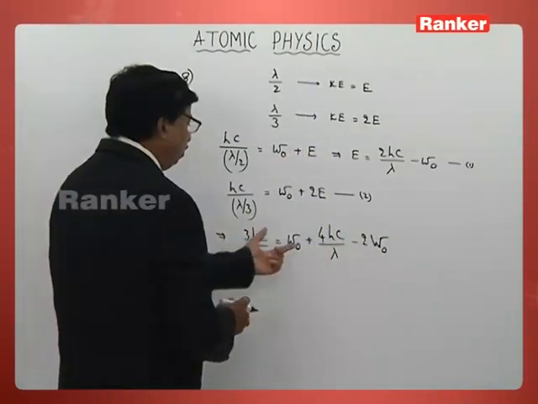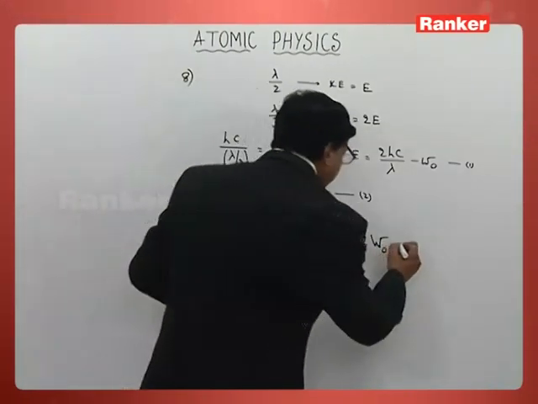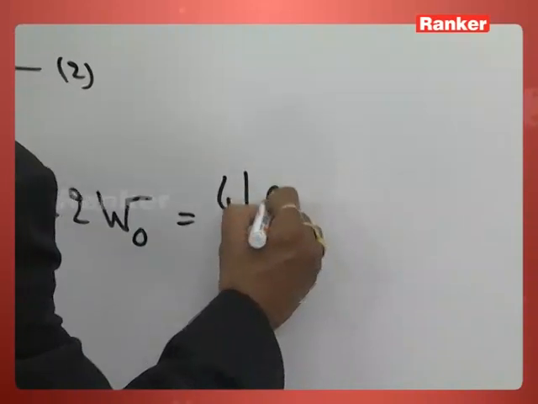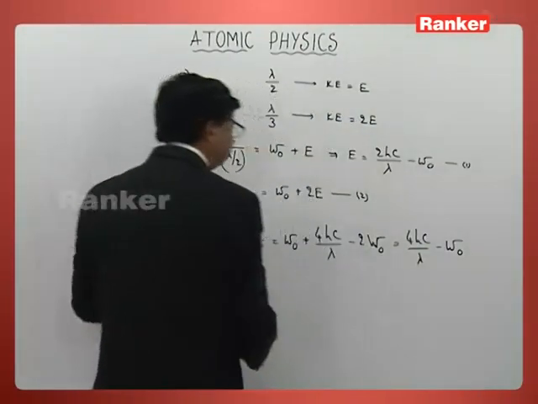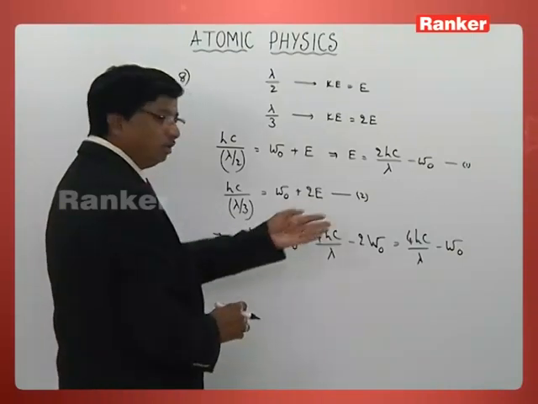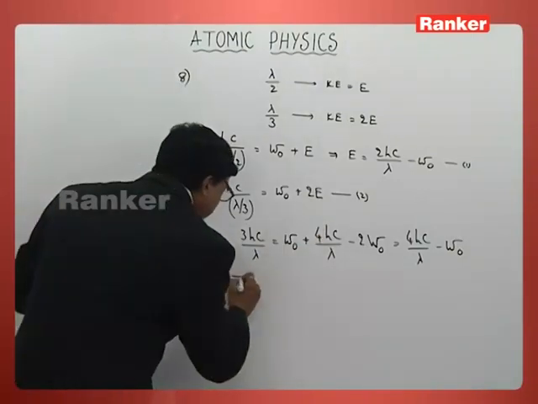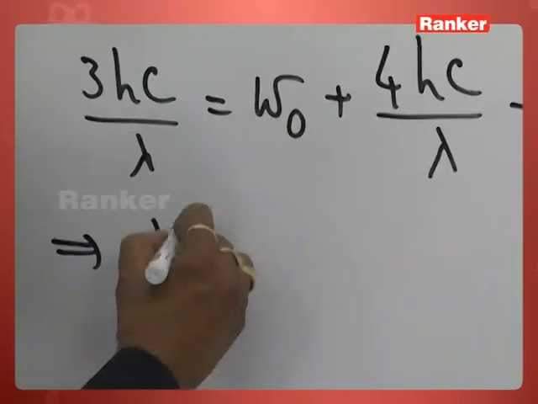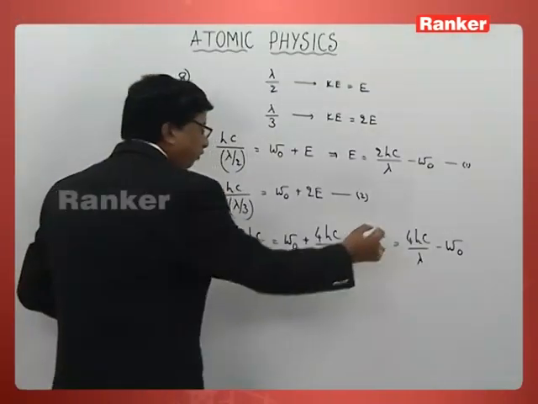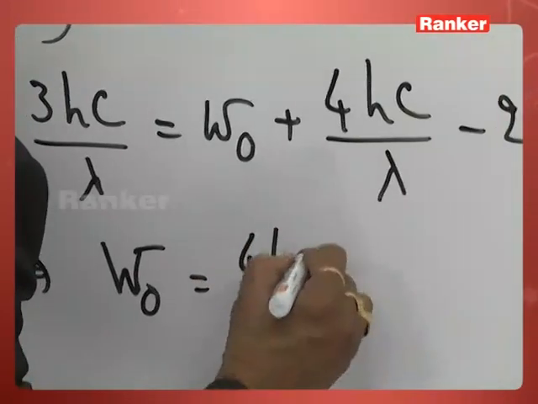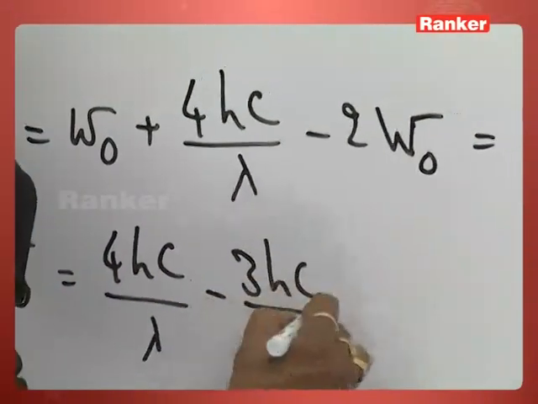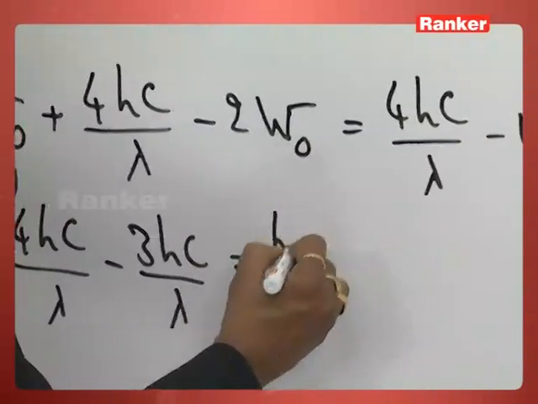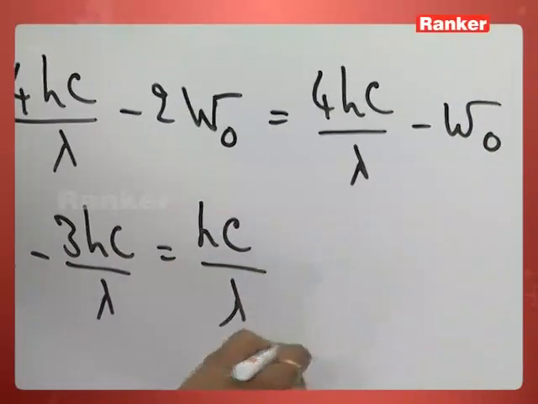So what else can you do now? This of course becomes 4hc by lambda minus W naught. And our concentration is only on W naught. So this implies W naught is equal to 4hc by lambda minus 3hc by lambda, that ultimately becomes hc by lambda.